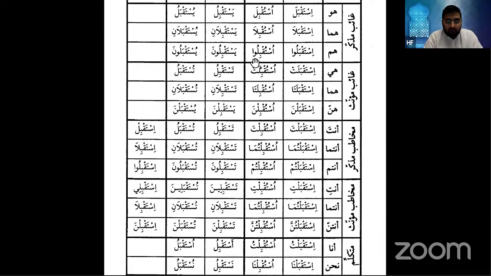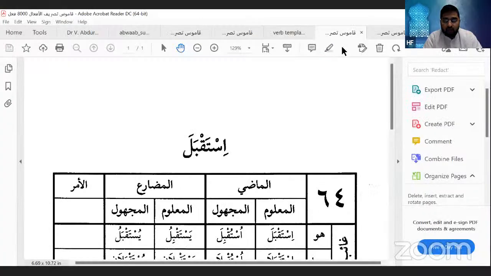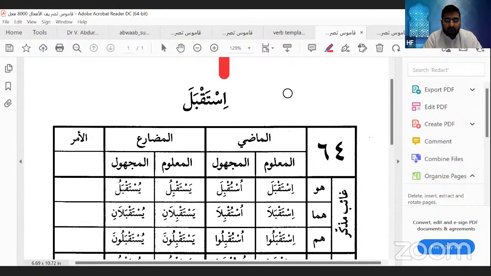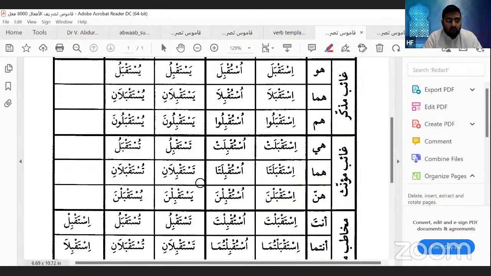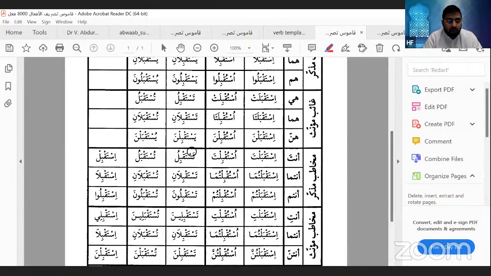Let me just change my screen colors. So when we want to make the imperative, we would remove the ta and the dhamma there.